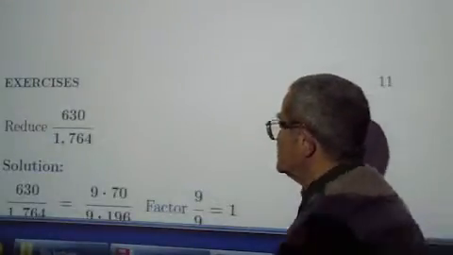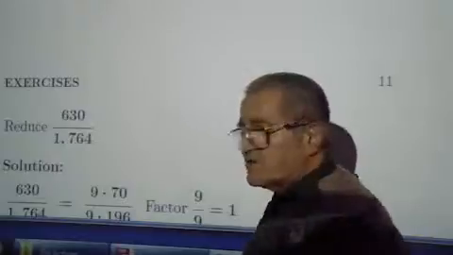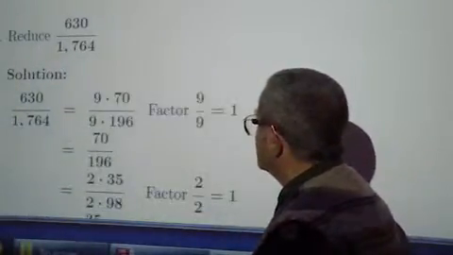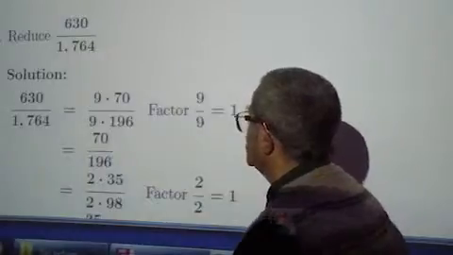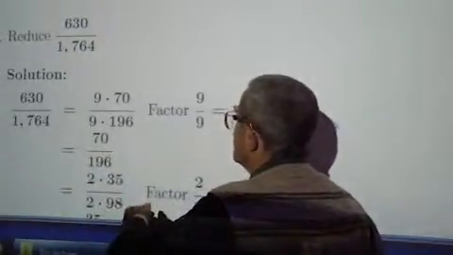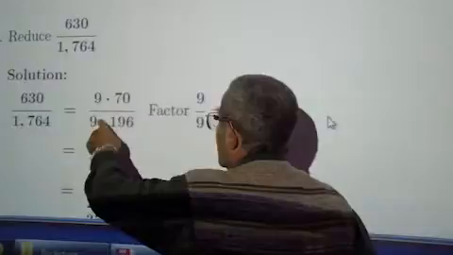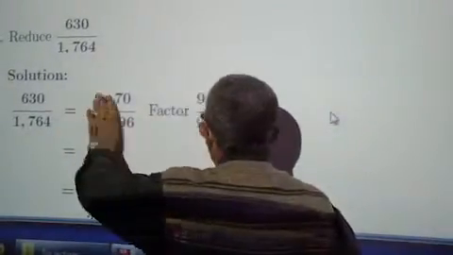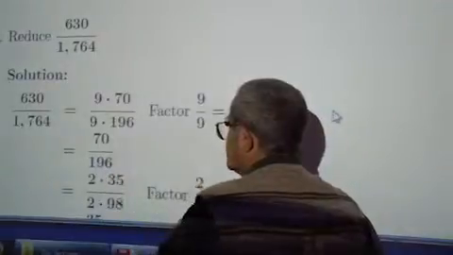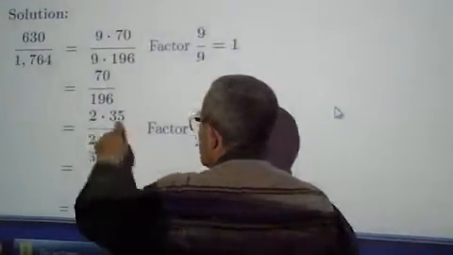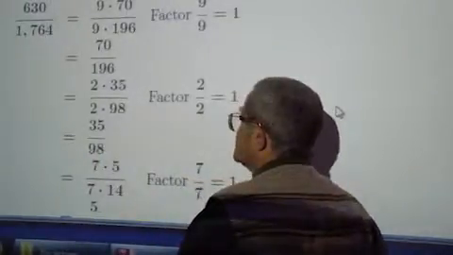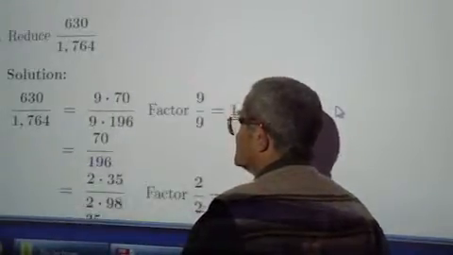We wanted to reduce 630 divided by 1,764. So I do a prime factorization, or actually I see what I can divide by. I realized this was 9 times 70, 9 times 196. Factor out 9 over 9, you're left with 70 over 196. 2 times 35, 2 times 98, you're left with 35 over 98. Oops, am I going too fast?